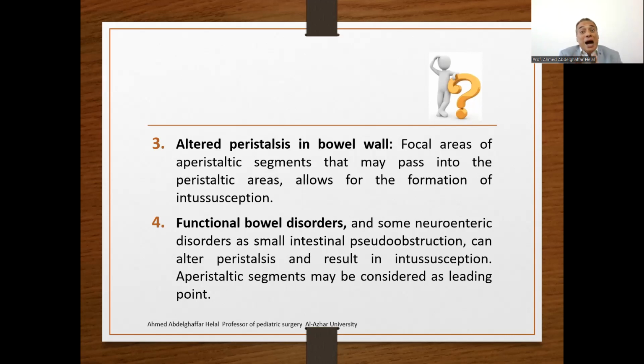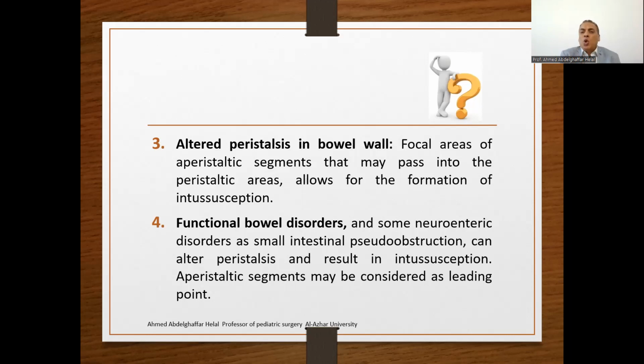This is regarding the primary type, which is called primary or idiopathic intussusception. No cause. However, pediatric surgeons, trying to explain what happened, suppose maybe infectious etiology and viremia with enlargement of the Peyer's patches.